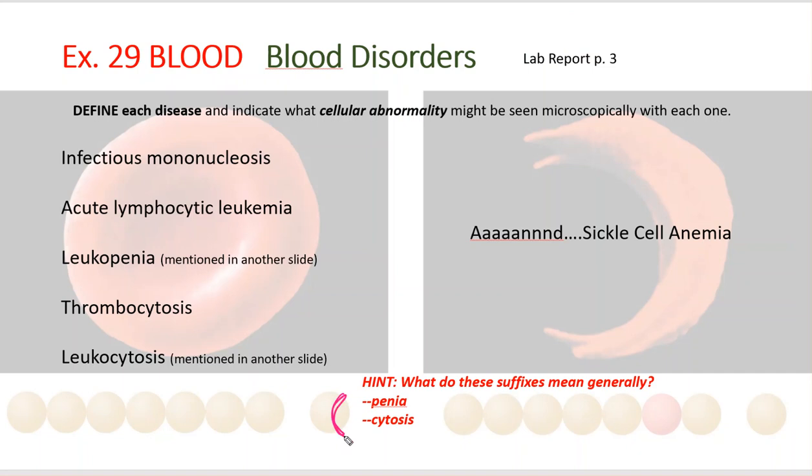You might see some vocabulary in here that indicates specific things. If you're looking for cytosis as a suffix, we have a couple of them here, leukocytosis and thrombocytosis. We can infer a little bit about the type of disease these two are by that word. Cytosis means an elevation of cells in some way. And I've given you a beautiful example of a sickled cell right there.